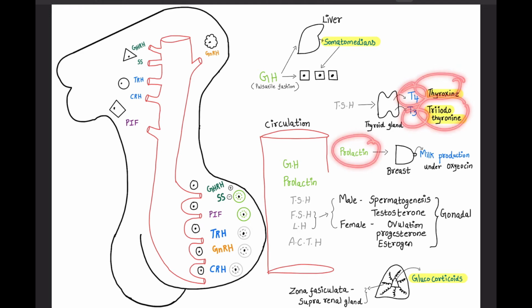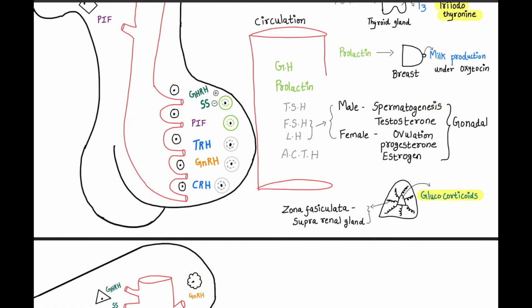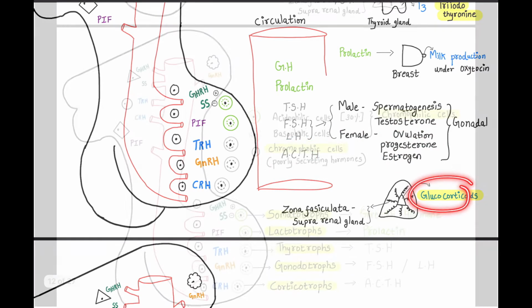Prolactin's function is milk production. FSH and LH, in males, are concerned with spermatogenesis and testosterone. In females they are concerned with ovulation, progesterone and estrogen. And adrenocorticotrophic hormone acts on the adrenal gland and releases glucocorticoids.